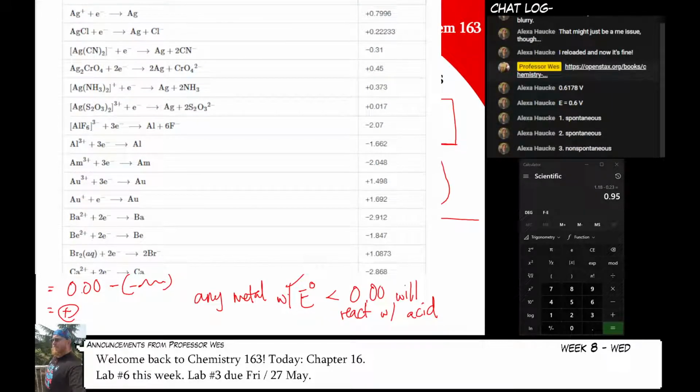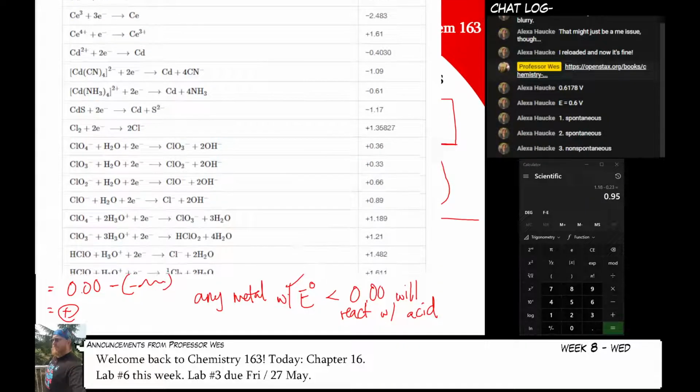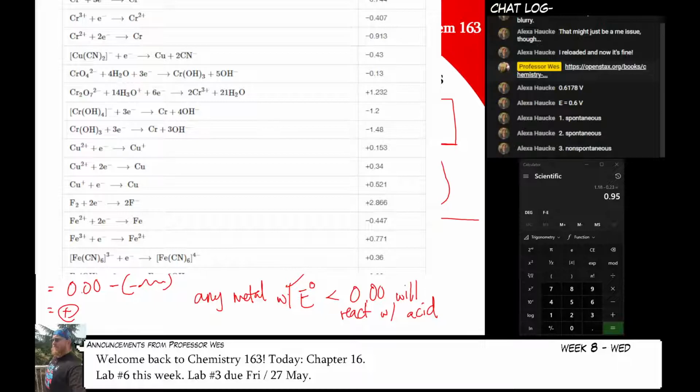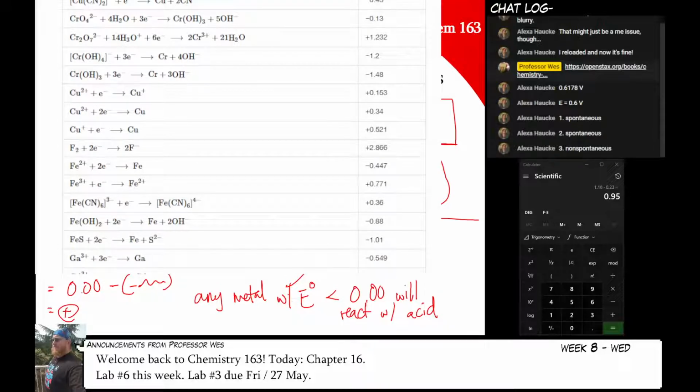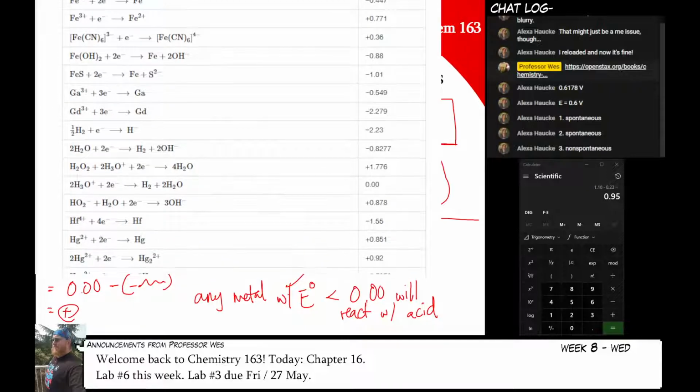Barium totally reacts. Beryllium totally reacts. Calcium, absolutely. Cerium, yes. Cadmium, sure. And so almost all metals will do this. There's just a few noble metals that don't. Copper actually doesn't. Iron definitely does. Gadolinium definitely does. Gallium does. And so on and so forth.